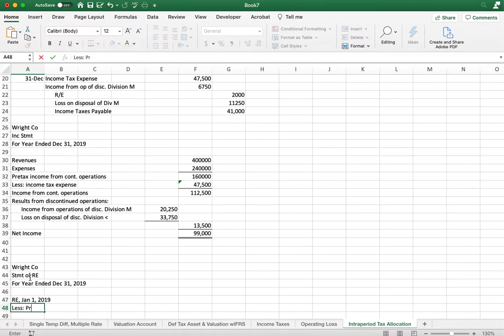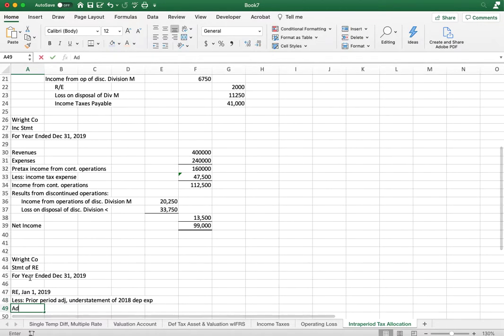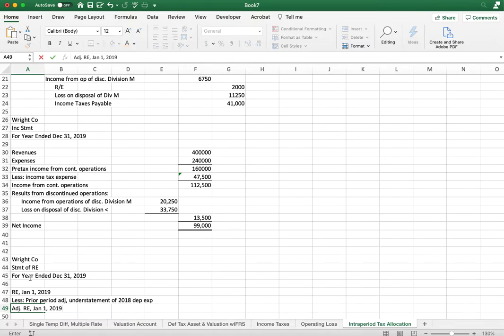So we'll say less prior period adjustment, understatement of 2018 depreciation expense, and that'll give us our adjusted retained earnings as of January 1, 2019.